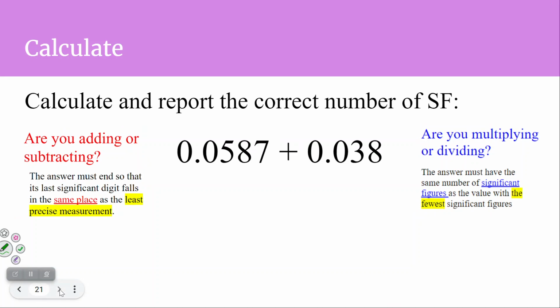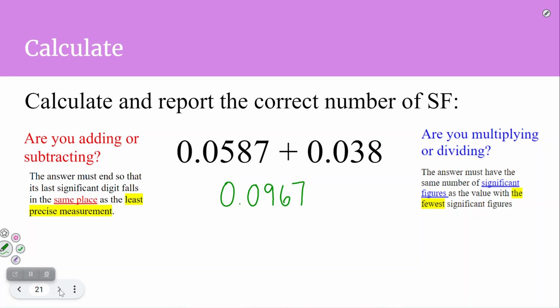Let's look at this last slide. What are we doing here? Are we adding and subtracting or multiplying and dividing? Obviously, we are adding, so we're going to add this in the calculator. The calculator is telling me this is the answer.